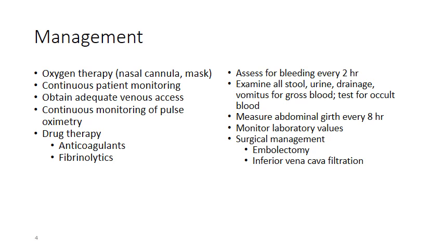You're going to look at everything that comes out of that body, stool, urine, any drainage, any vomit, for blood. So any gross blood, anything you can see with your eyes, and then you're going to test for occult blood as well. So you're going to test stool and urine and emesis and anything else to see whether or not there's hidden blood in it. You're going to measure the abdominal girth at the level of the umbilicus every 8 hours, so at least every shift.